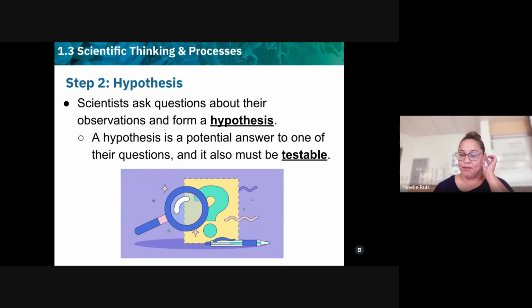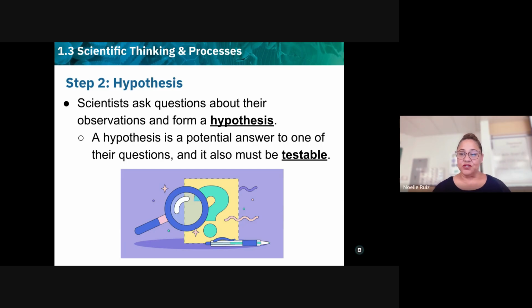Step 2 is a hypothesis. So scientists collect all of these observations in the first step, and they start wondering things about their observations. They start asking themselves questions about the things that they're observing. They ask questions. After they ask these questions, they form a hypothesis. A hypothesis is a potential answer to one of their questions.